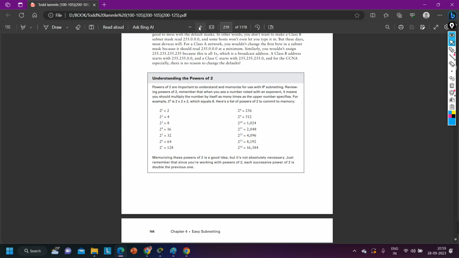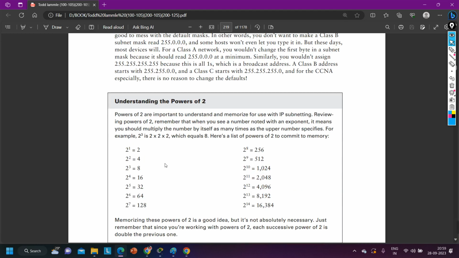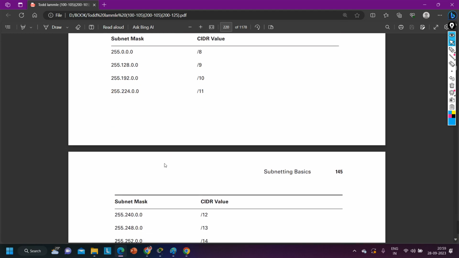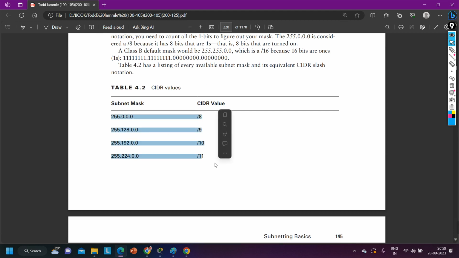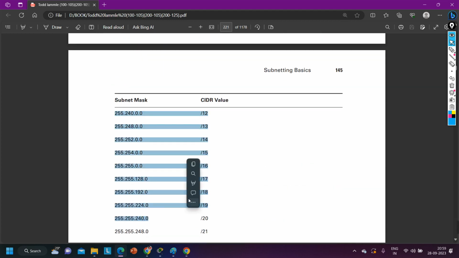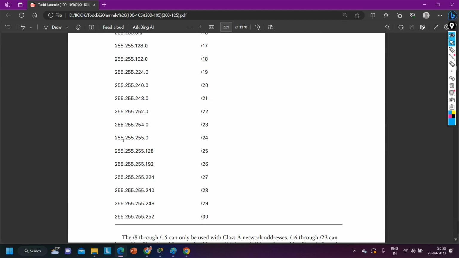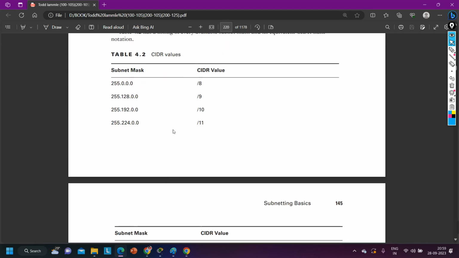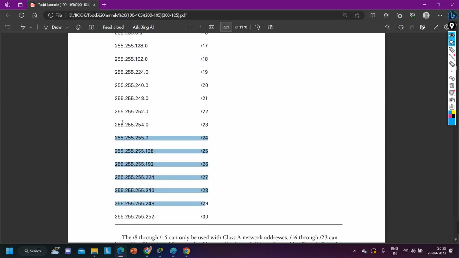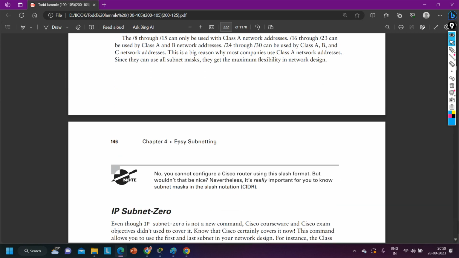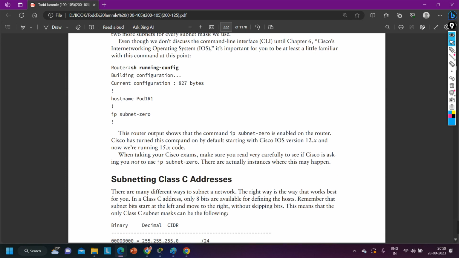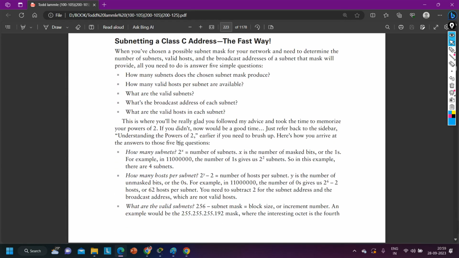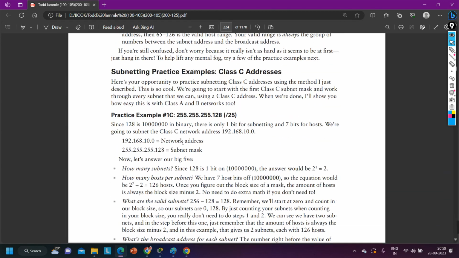Here you have the formula also: 2 to the power 1, 2 to the power 2. Subnet mask and CIDR value. Subnet mask for all CIDR values from 8 to 32. You can revise the subnet mask for each CIDR value. After that, there are some example practice questions.